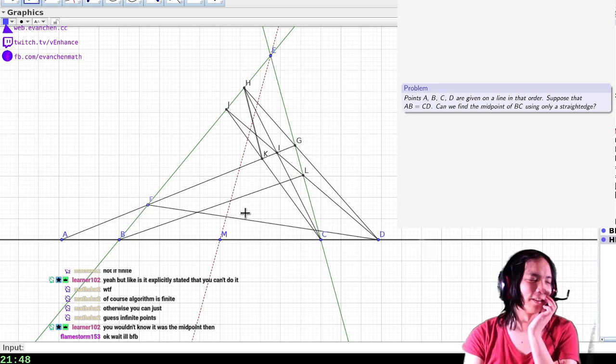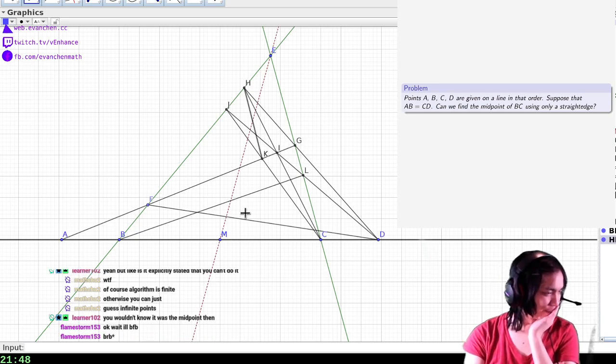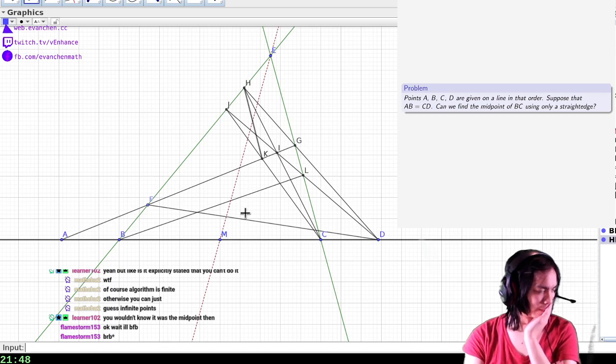Like, on occasion it is, but I don't think ruler and compass construction is one of them.